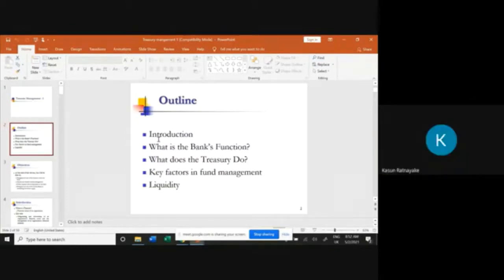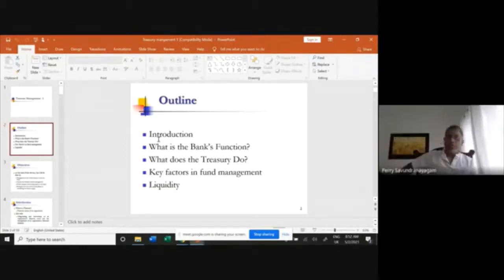Yes. So the Treasury does risk management, it manages liquidity, it acts as an intermediary between the bank's deposits and lending functions. So the main reason for doing this is what? What are the main drivers of that function for Treasury?